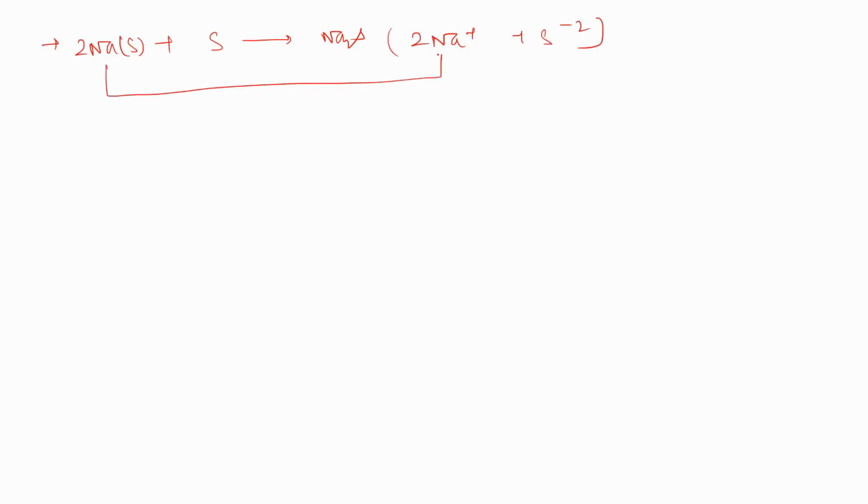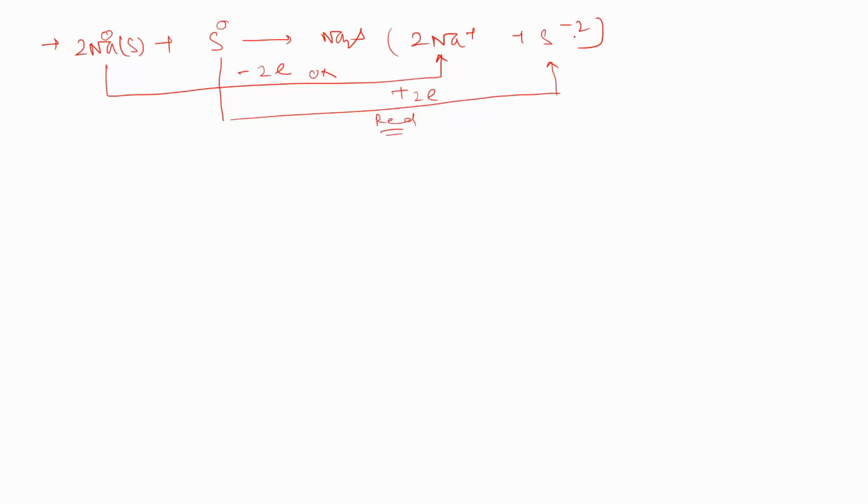Here 2 electrons are lost, so it is an oxidation reaction. The oxidation state of sulfur is 0, and it goes from 0 to minus 2, gaining 2 electrons, so it is a reduction reaction.